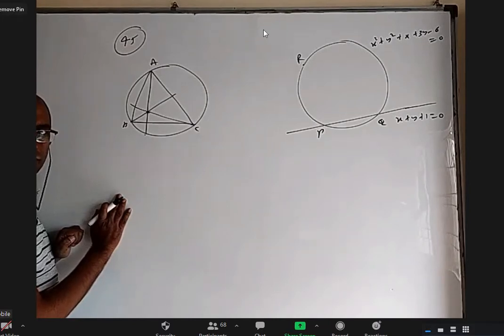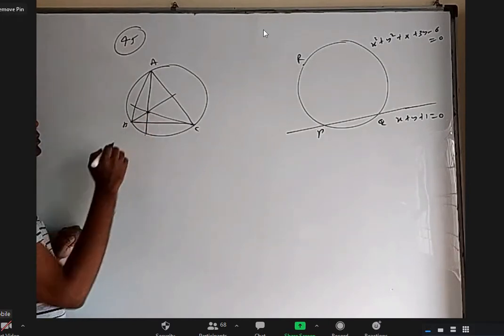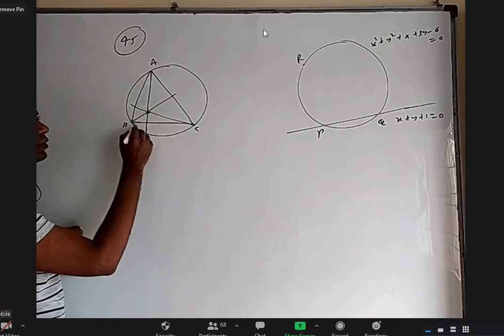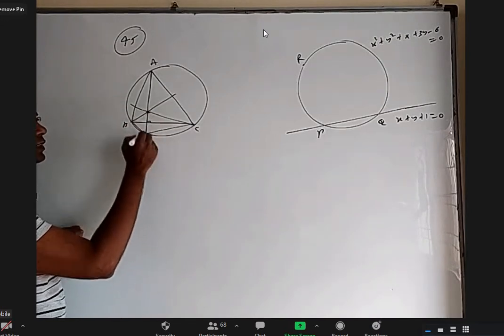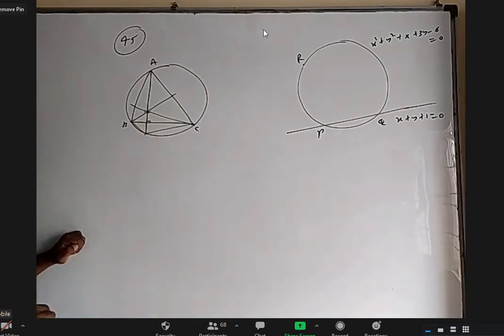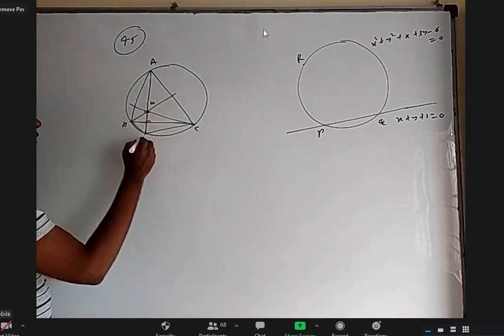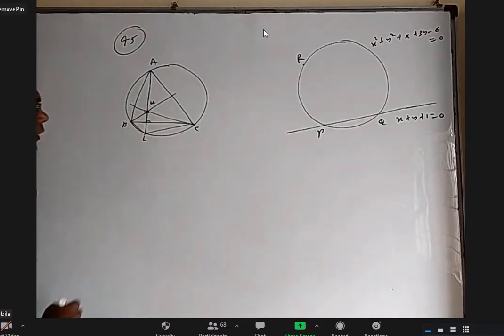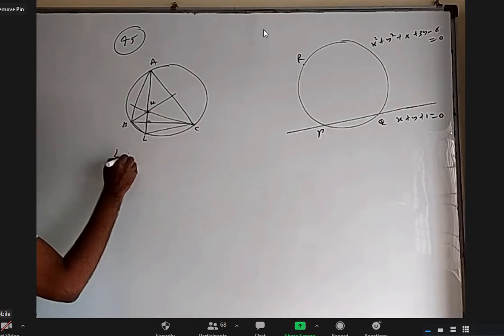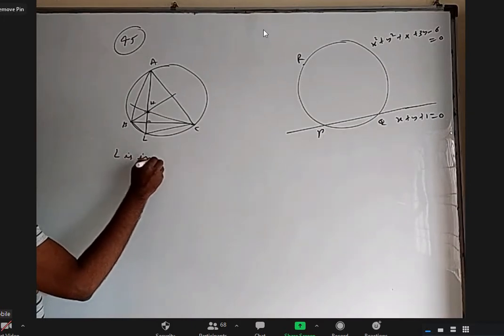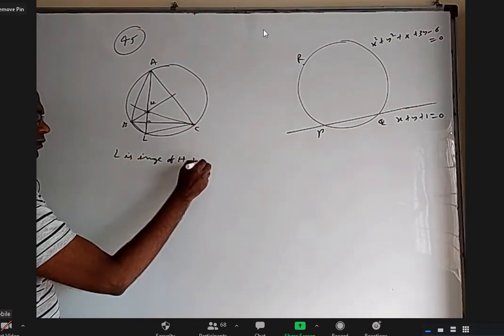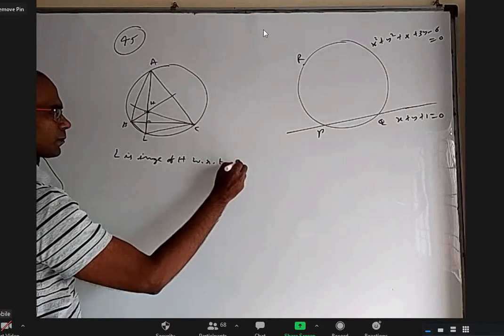Yes, sir. We discussed this property, how this triangle is congruent to this triangle, and these are images of each other. So if this is H and this is L, L is the image of H with respect to BC.